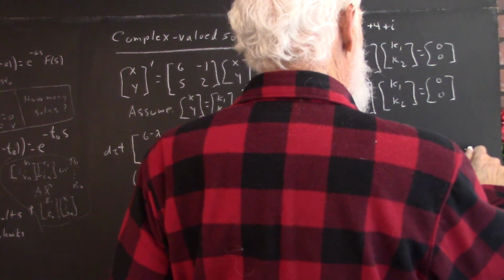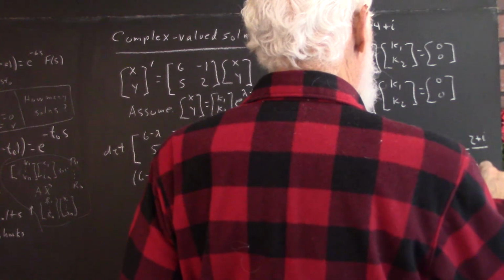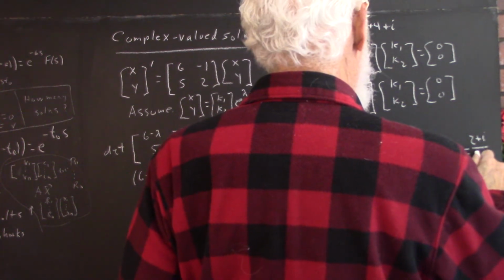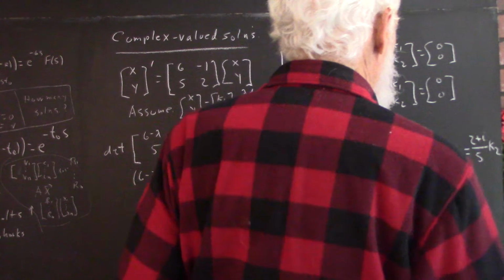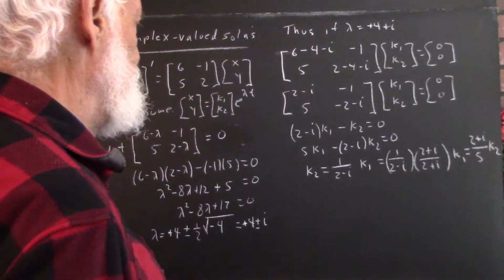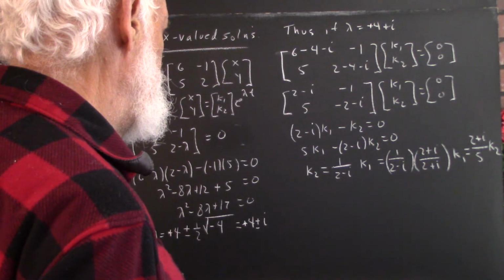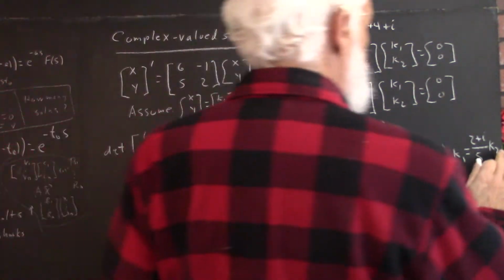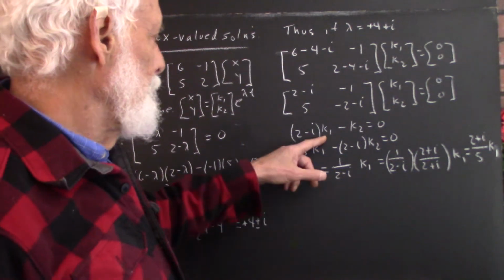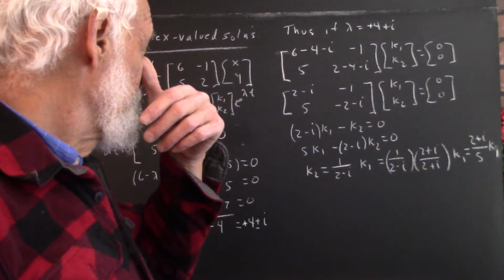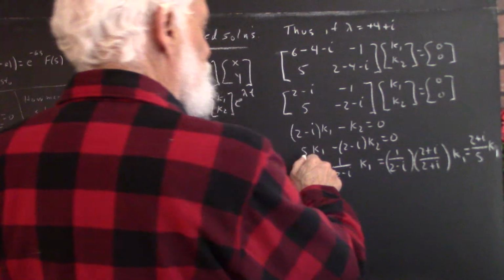And this is going to equal 2 plus i over 5, so there's a 5, so maybe we're in good shape, times K1. And I just automatically solved for K2. That's all right. Now let's see if that works in the second equation.